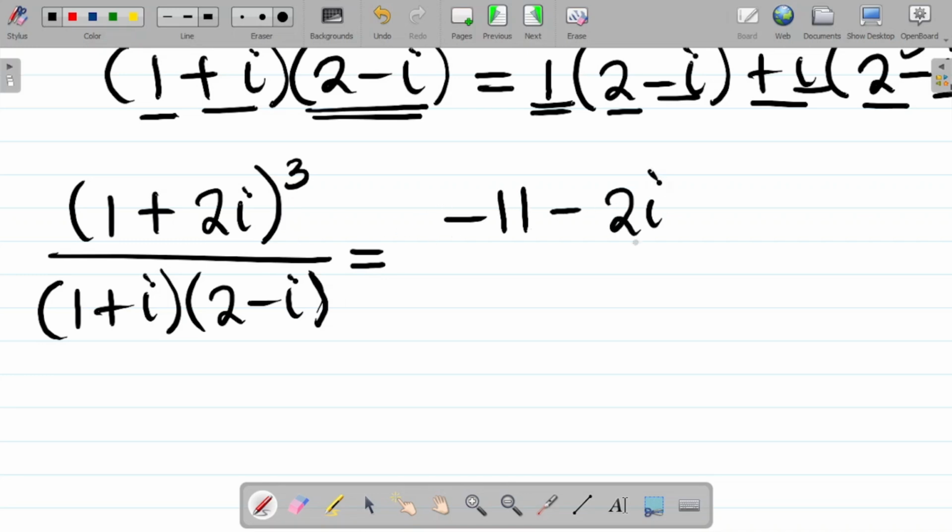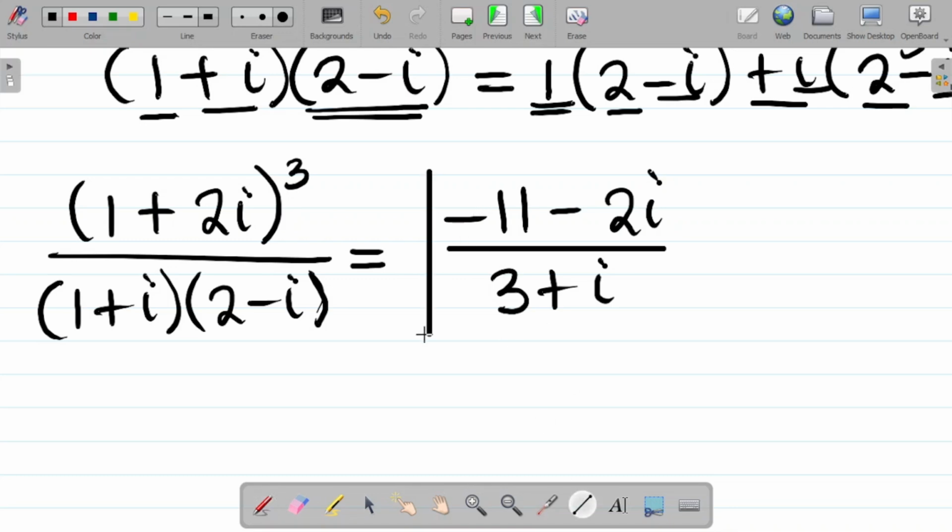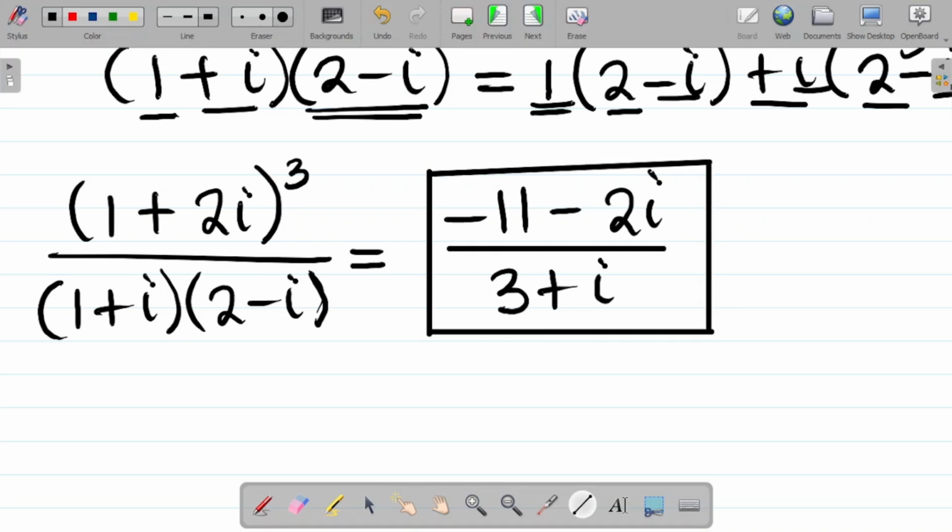This was my numerator, all over, when I simplified the denominator, my answer was 3 plus i. So from our first complex number, this is what we get when we simplify the numerator and denominator separately. So I now have this as my answer.